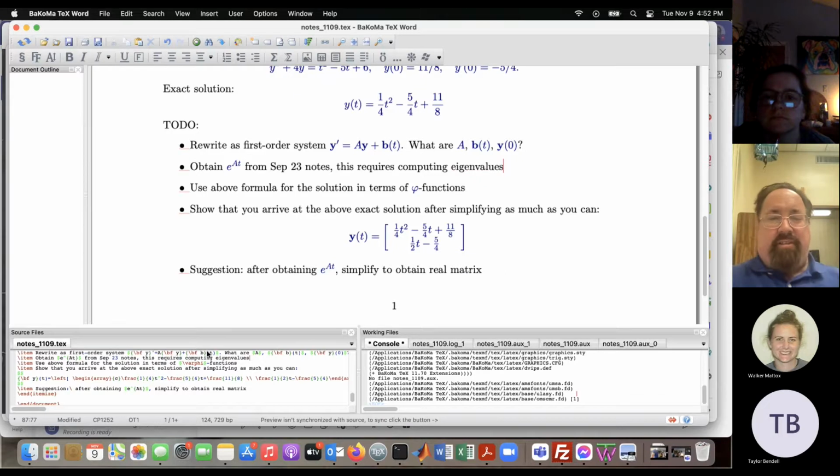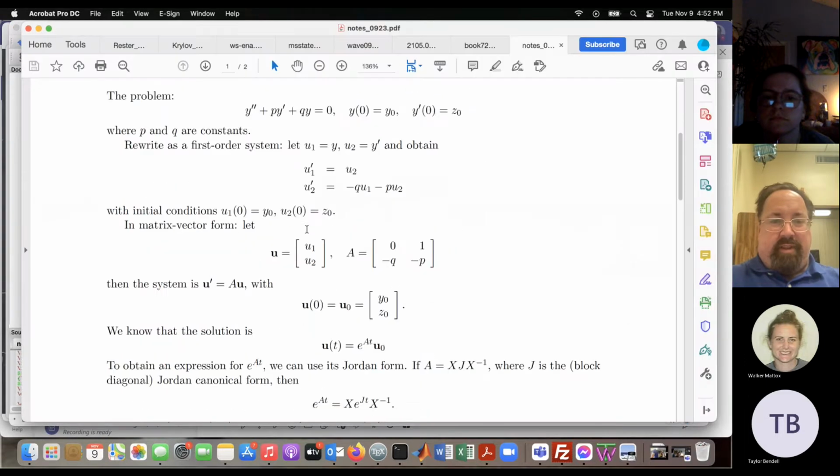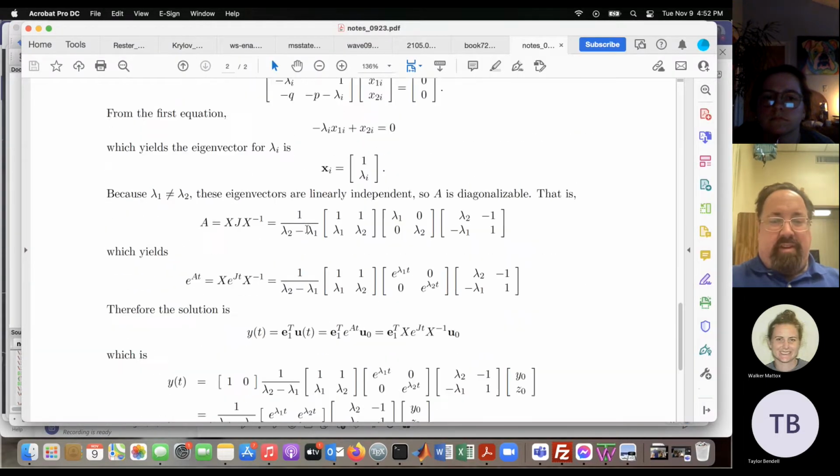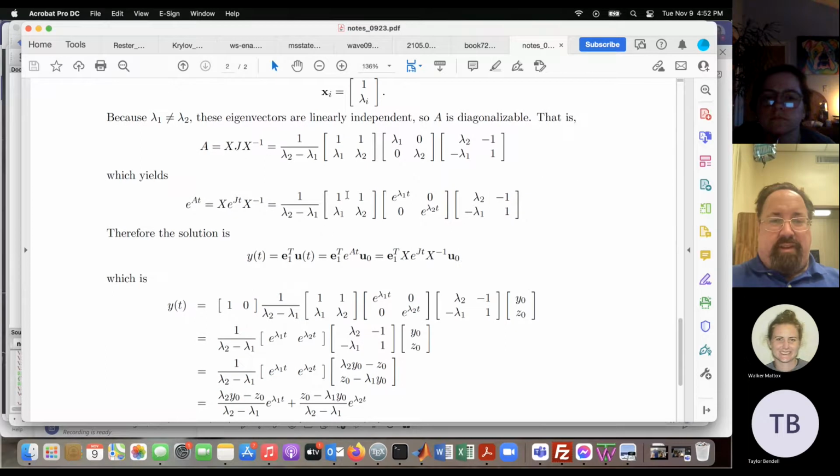The eigenvectors you don't need because in the solution formula, it's already known that these vectors, these columns of this matrix, are the eigenvectors. So yes, you do need to compute the eigenvalues to get a formula for e^(At) that has specific numbers in it. But that's about it.